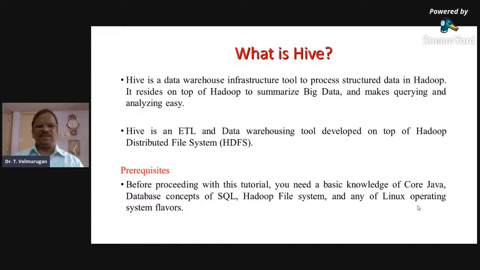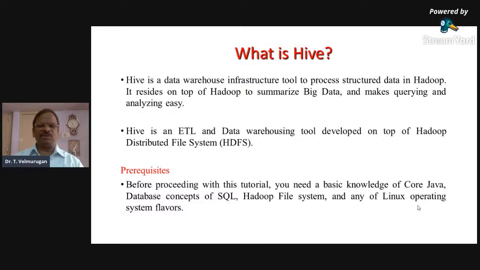First we define what is called Hive. Hive is a data warehouse infrastructure tool. Already I informed you, Hive is a tool, Hive is a platform, Hive is a component, Hive is a software, Hive is a language, Hive is a framework. So it is a data warehouse infrastructure tool. Why do we require the data warehouse concept? The data warehouses are database repositories.